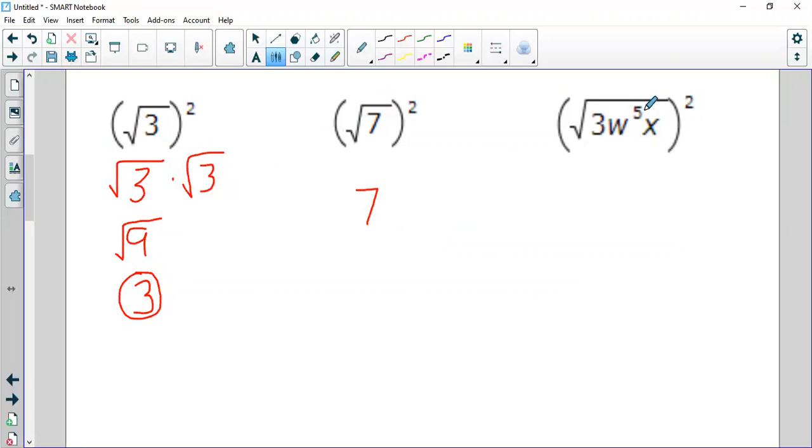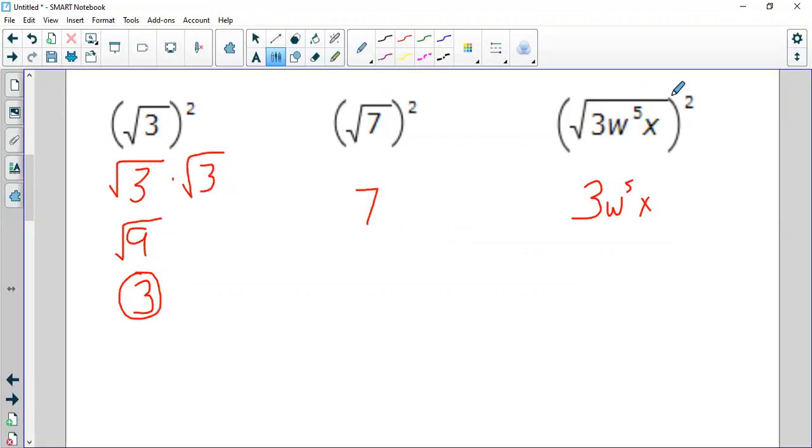The square of the square root of 3w to the 5th x is just 3w to the 5th times x. Squaring a square root just eliminates the radical symbol because these are inverse operations, just like if you did plus 4 then minus 4, or times 6 and then divided by 6. You get back to where you started.